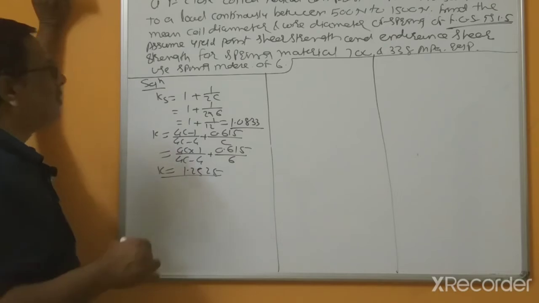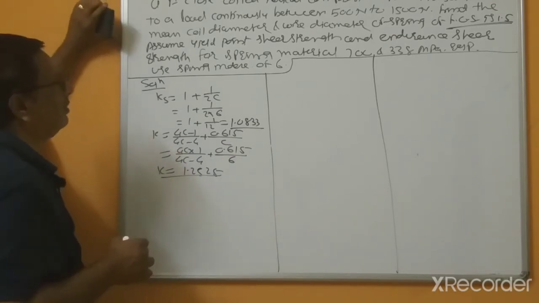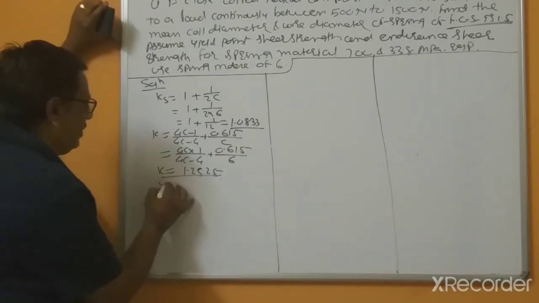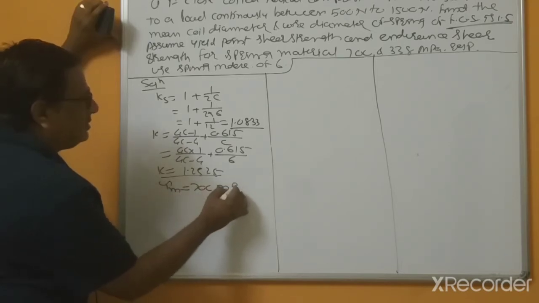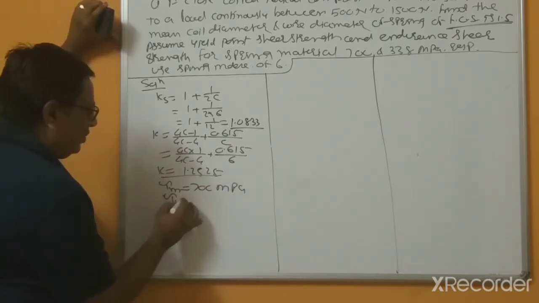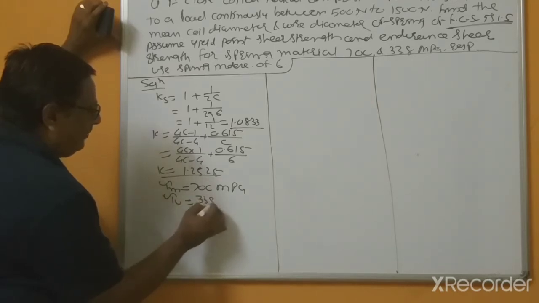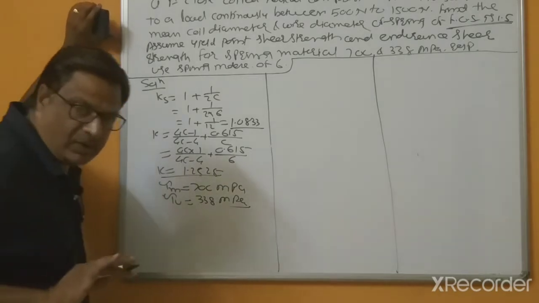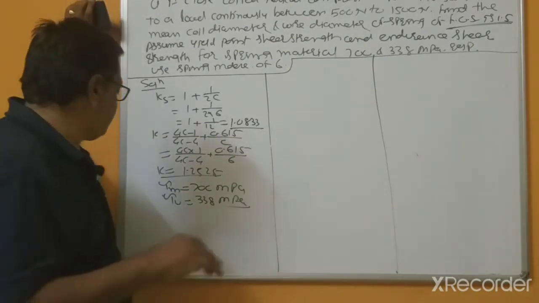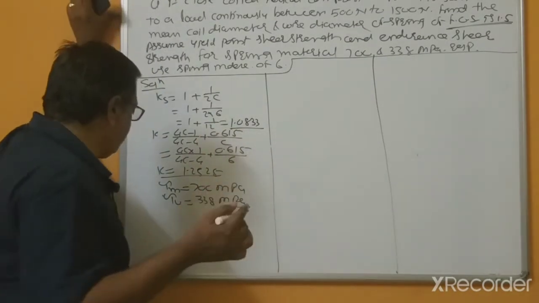Now tau m is 700 megapascals, this is given, and tau v equal to 338 megapascals is given, right? So now what is to be calculated?